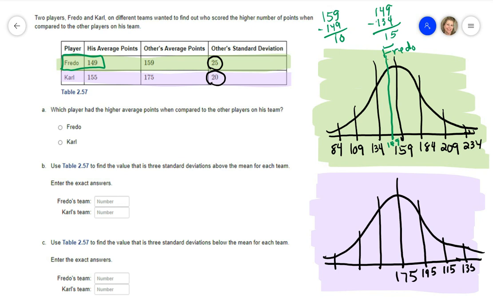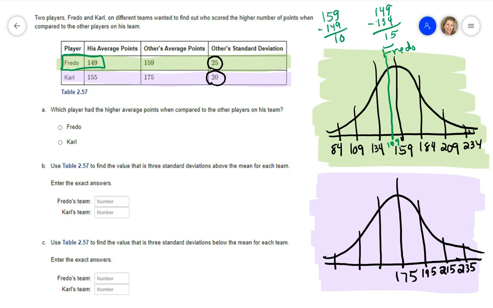Wait a minute, sorry. 195, 215, and 235. There we go. Then I'm going to go the other direction and subtract 20.